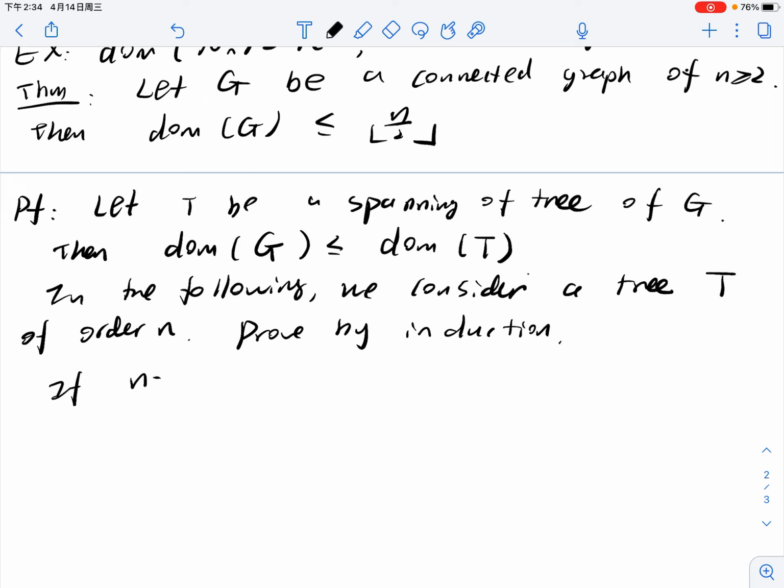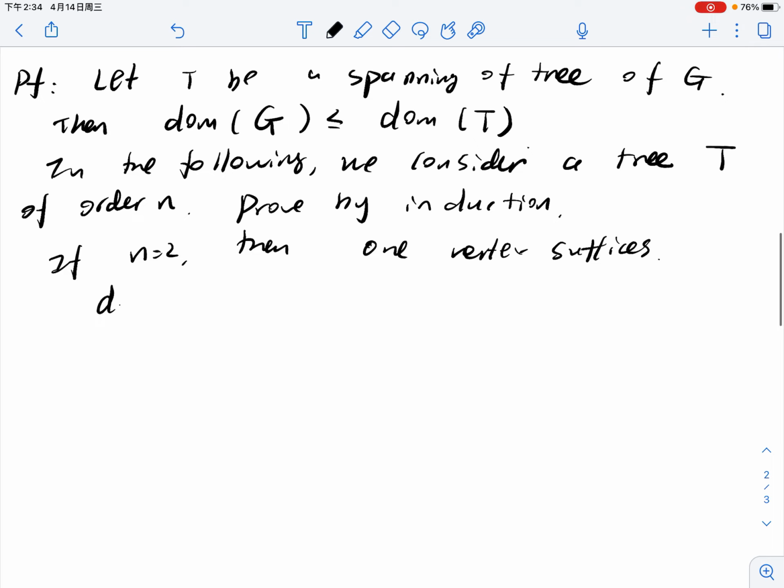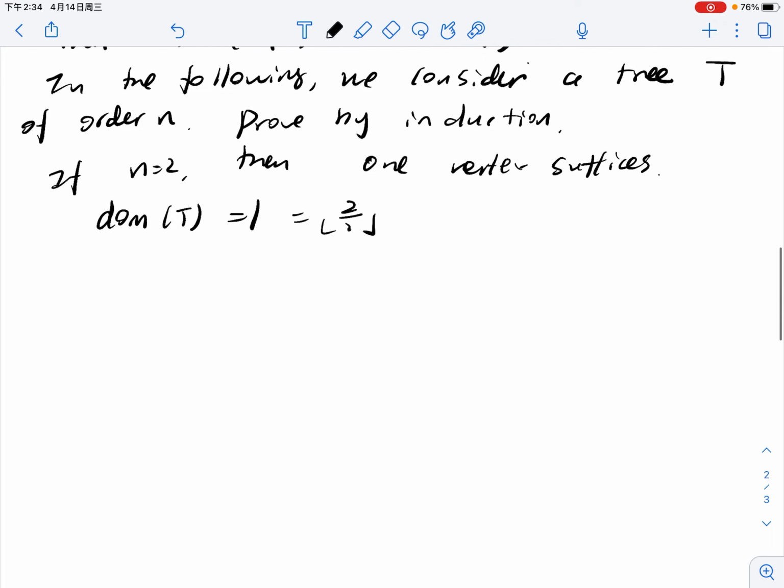If n is 2, then one vertex suffices to dominate T. The dominating number of T is 1, which is the floor of 2 over 2.